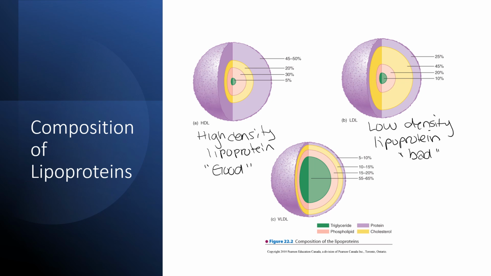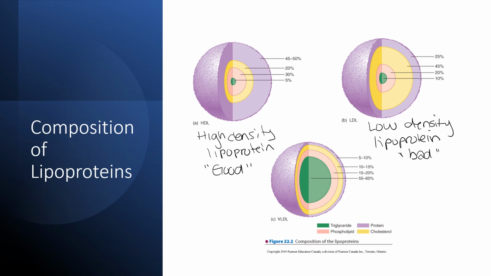One of the things you're looking at is the cholesterol component. So look at the yellow part of this core molecule. You can see in the low density lipoprotein, 45% of that molecule is made up of cholesterol. Now, cholesterol is not all bad. We do need cholesterol, but we really only need about 300 milligrams of cholesterol in our diet per day.